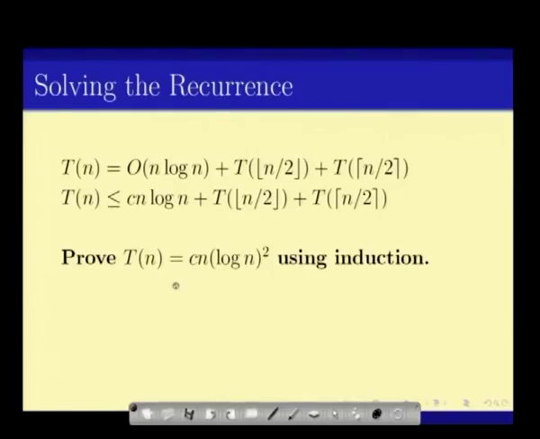One has to be a bit careful here, because one has to use induction to solve it, and more importantly, how we get this value is something that one needs to work hard on. I will not go into details of how to solve this recurrence relation, but one can show by induction that T of n is less than or equal to a constant times n times log n whole square. So T of n is order of n log n whole square.